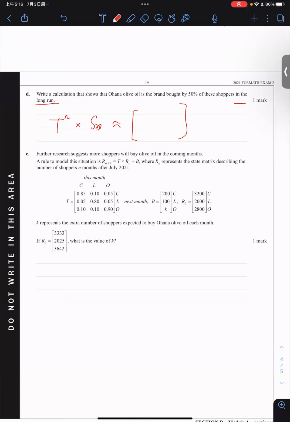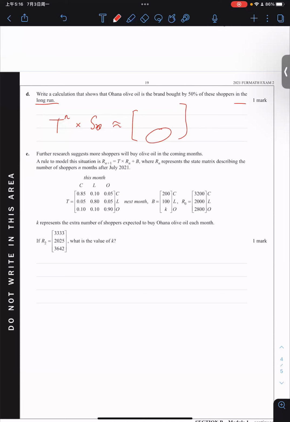But personally, I prefer a pretty large one, like N around 100 or 200 or 500. And then finally, you can work it out. Look at the Ohana one, and compare it with the initial total of 8,000, which would be 50%, or a half.